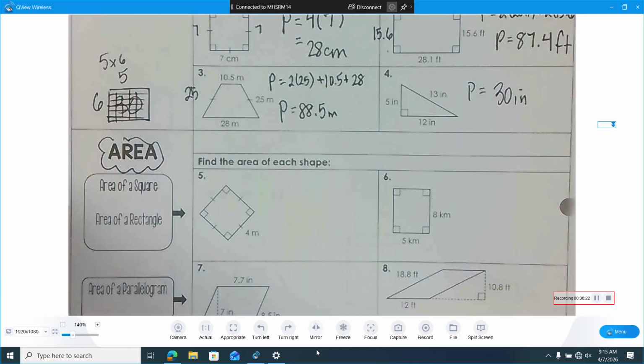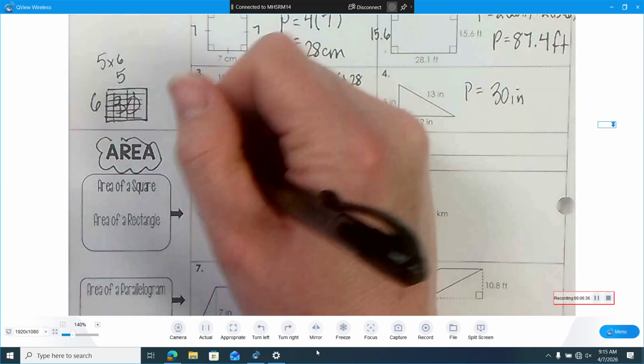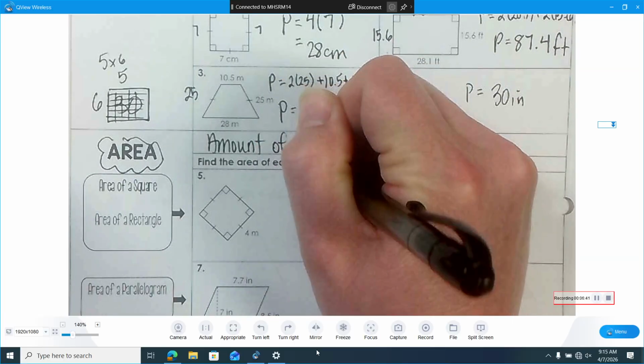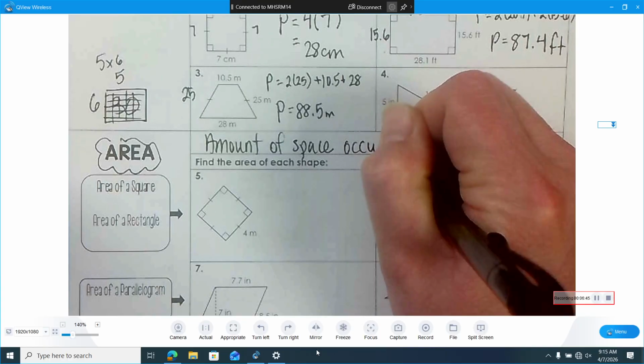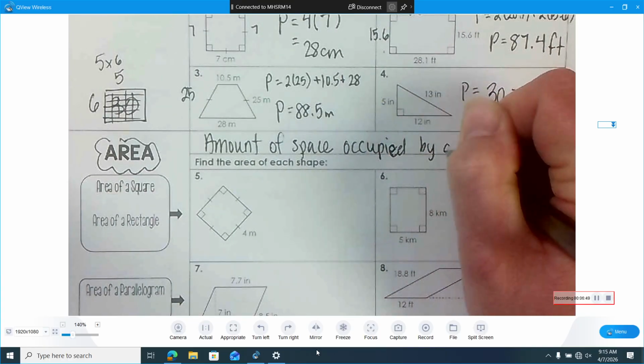What it is is how many unit cubes fill the space. So area is how much we fill the space in with little area units, cubes. So area is the amount of space occupied by a figure.